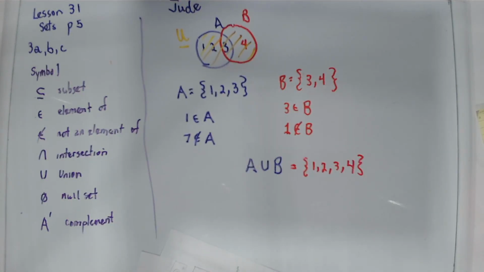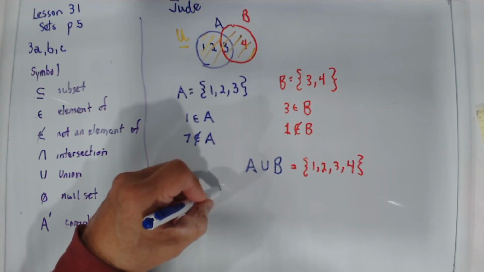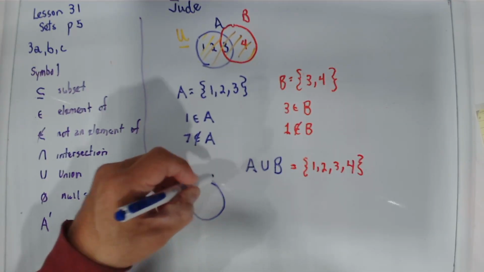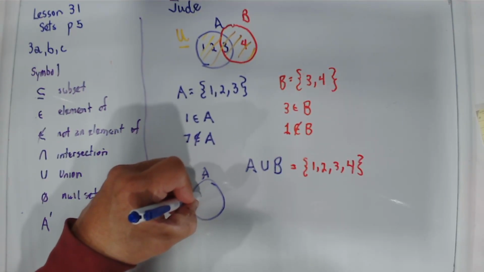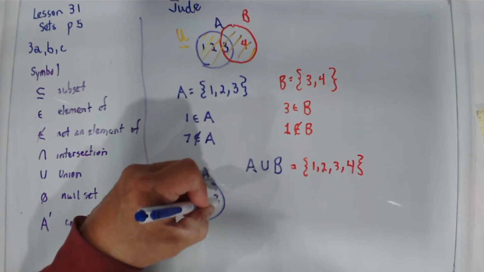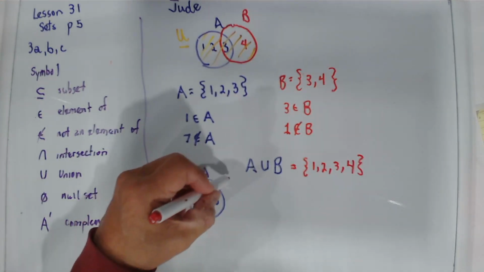Okay, so now let's talk about intersection. What does an intersection mean? So I'm going to draw A again, and I've got 1, 2, 3, and I'm going to draw B again.